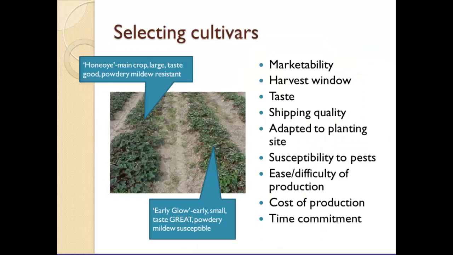So when we're talking about selecting cultivars, I'm assuming that we have some people that are either organic or sustainable, but there might also be people that are considering being conventional growers.